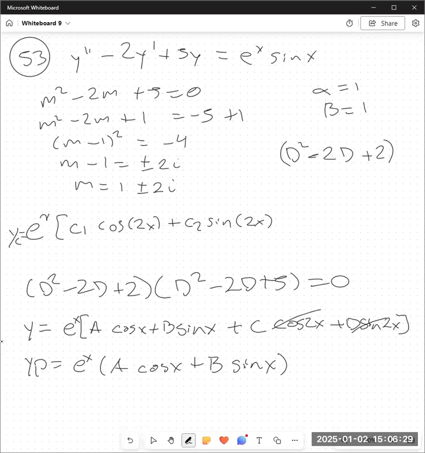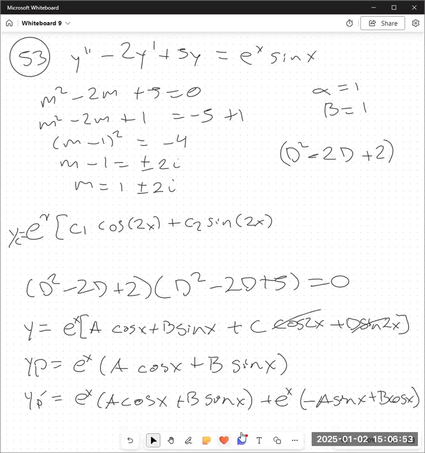So then yp prime: the derivative of e to the x is e to the x. And then plus, leave the e to the x alone, this is minus a sine x plus b cosine x, like so.